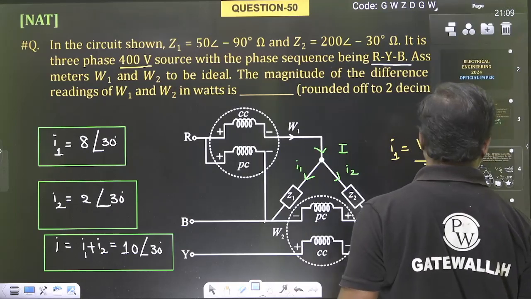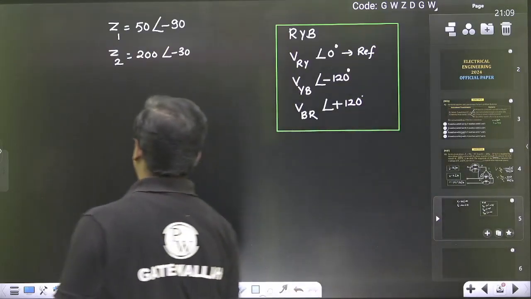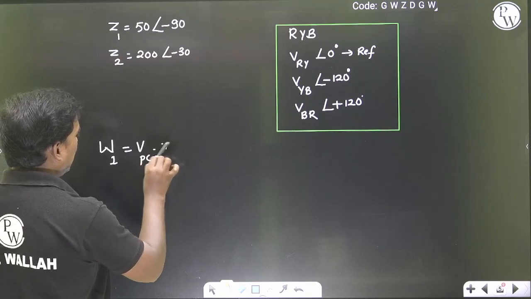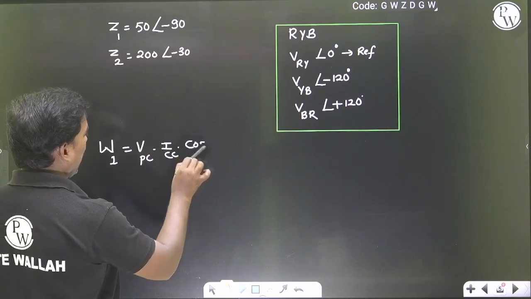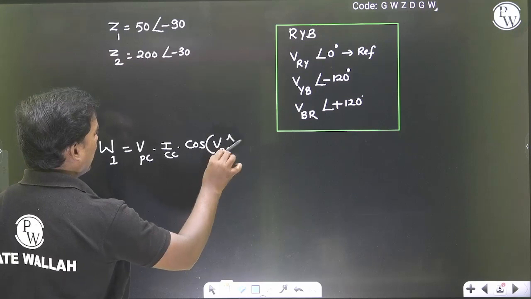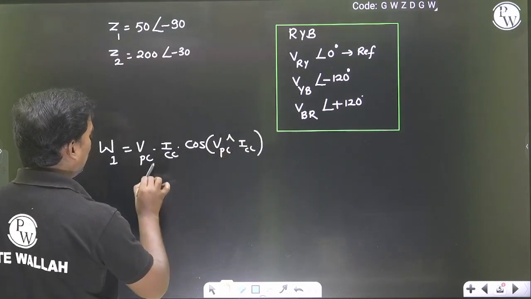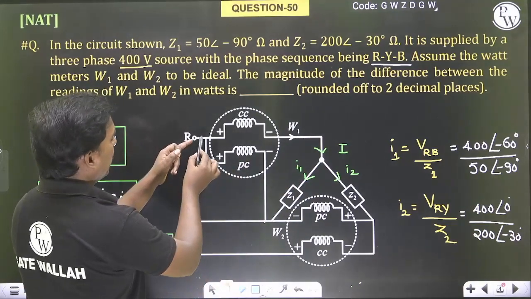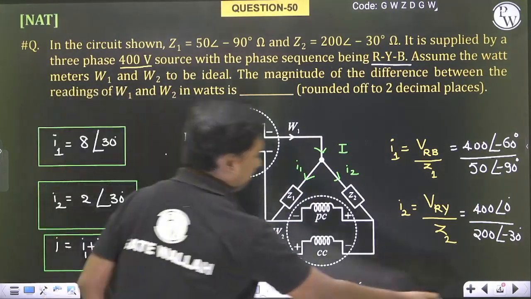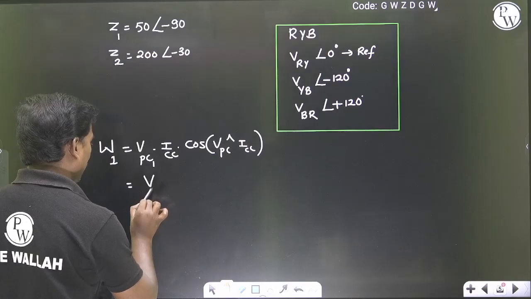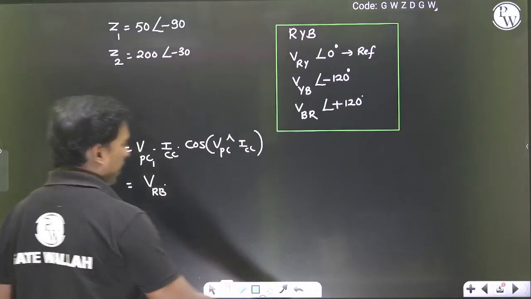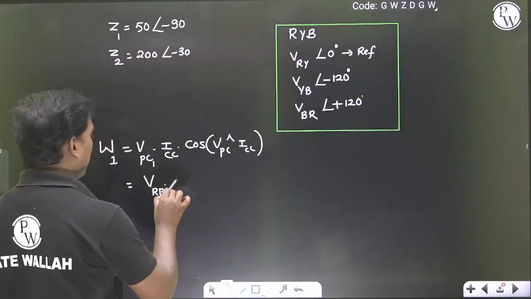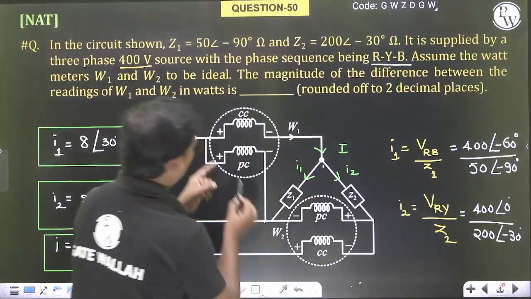W1 reading and W2 reading. W1 is nothing but VPC, ICC, and cosine of the angle between VPC and ICC. What is VPC1? This is nothing but VRB. And the ICC going here is nothing but I, because it is the same current coil.